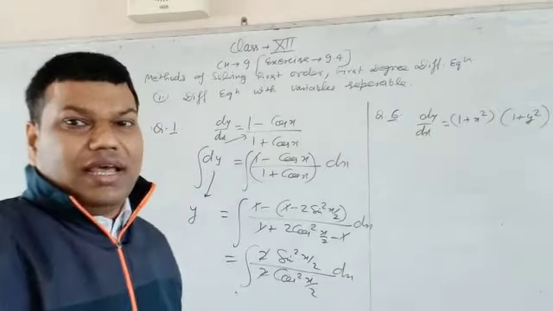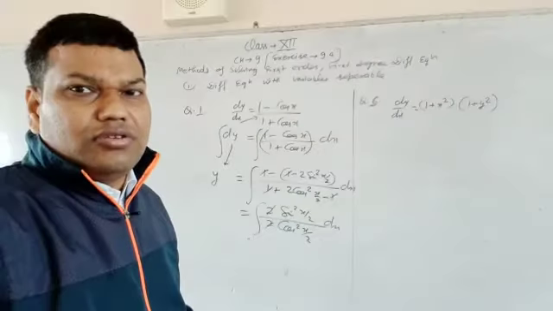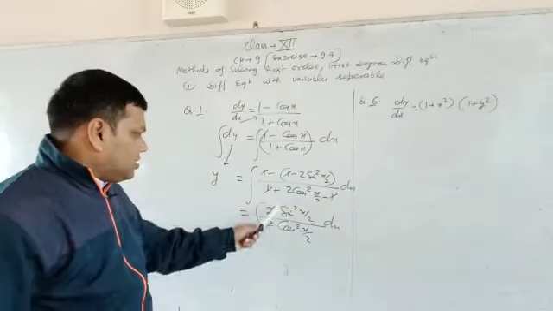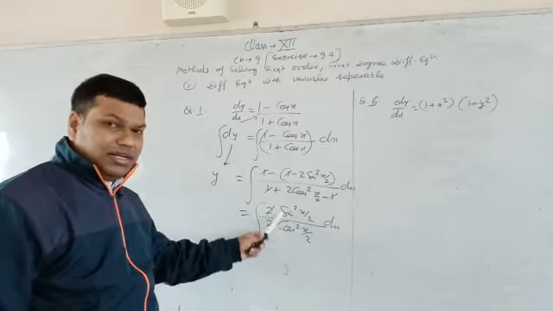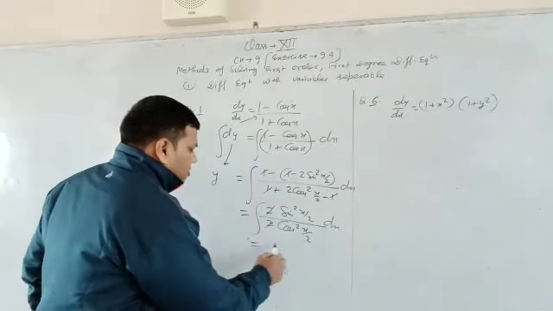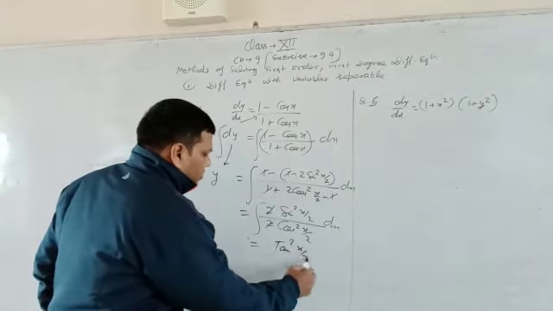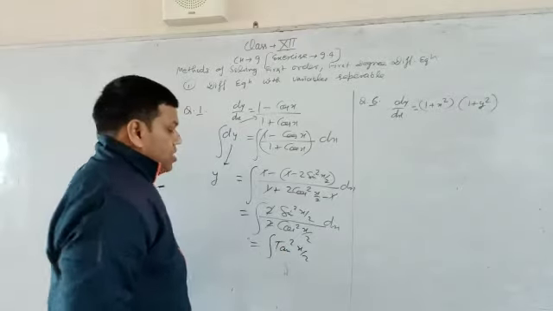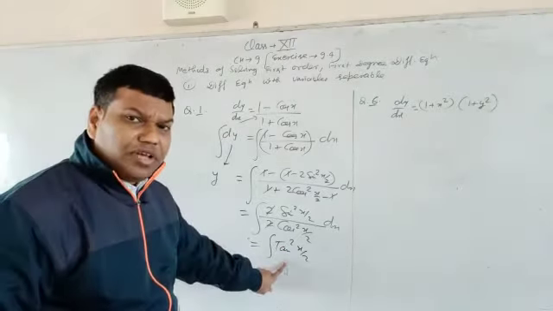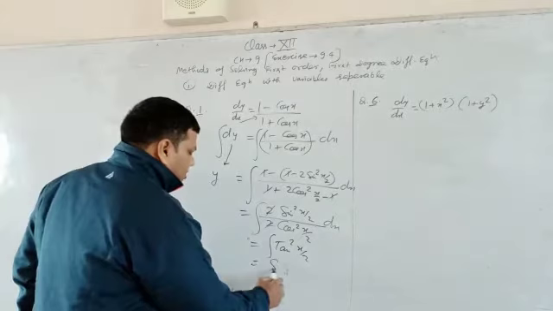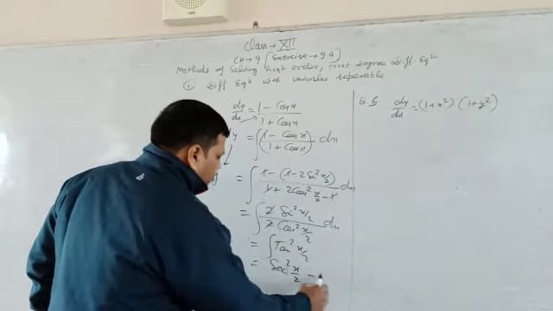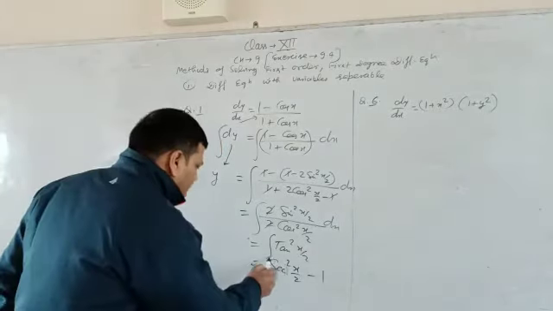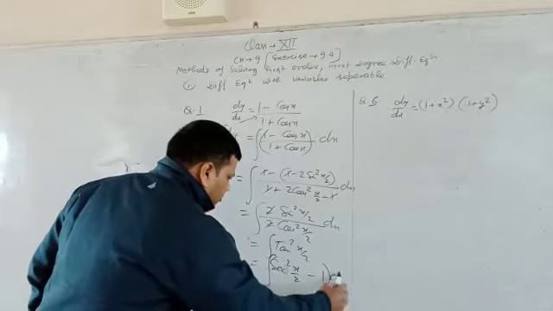Now you can see it is sine upon cos, that is tan. So it will become tan square x by 2. Now what can we write there? That is sec square x by 2 minus 1, and we have to integrate that.